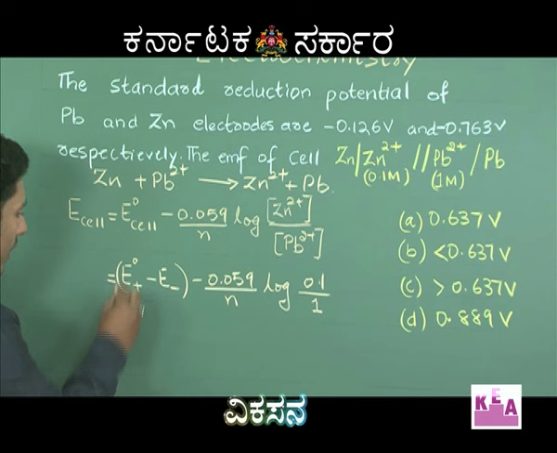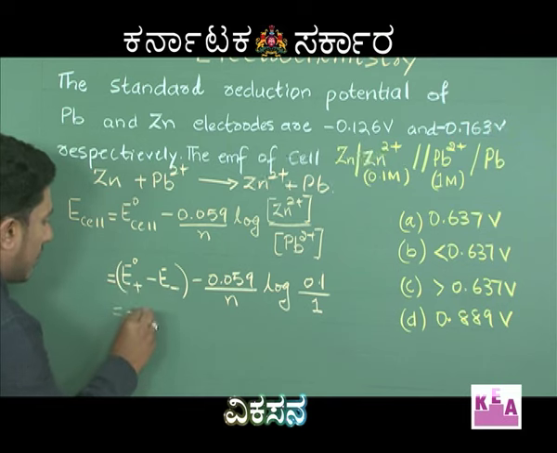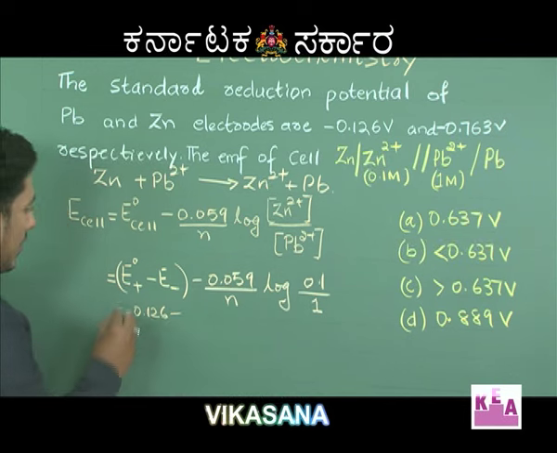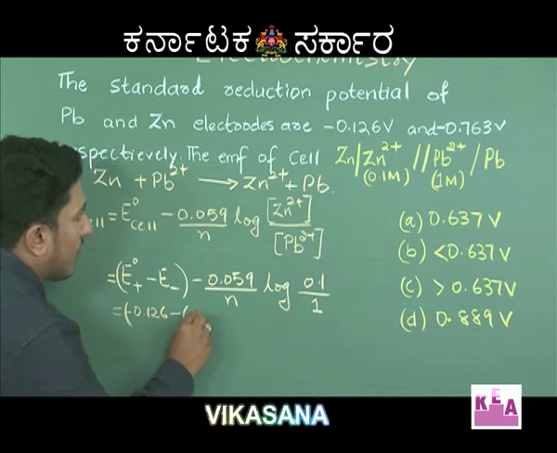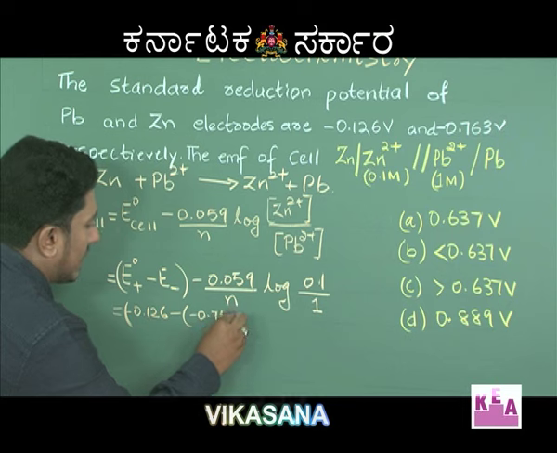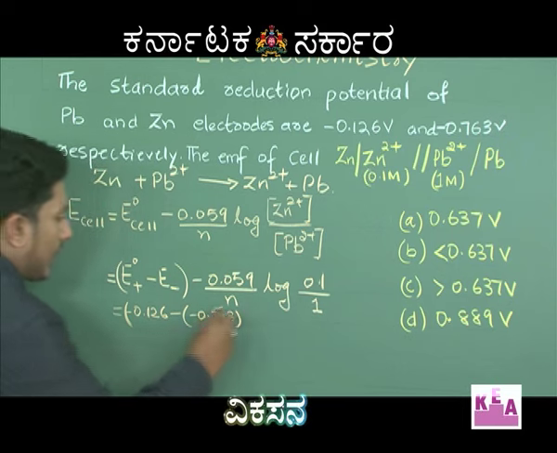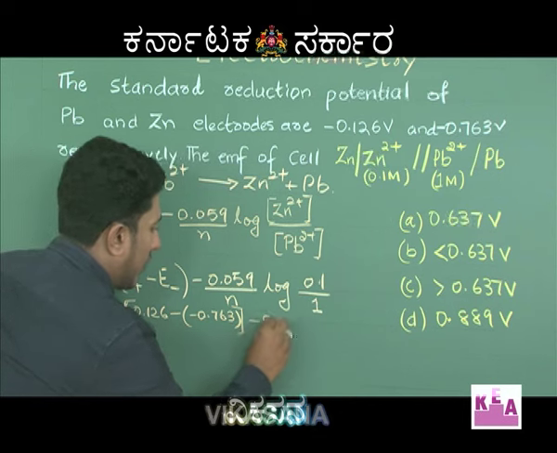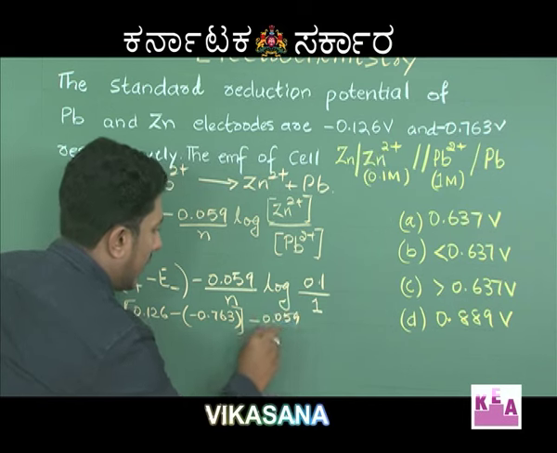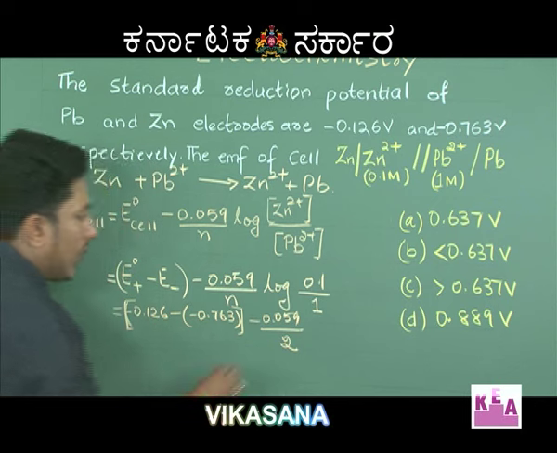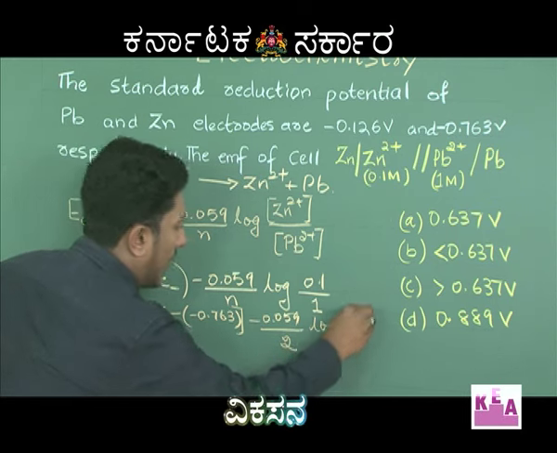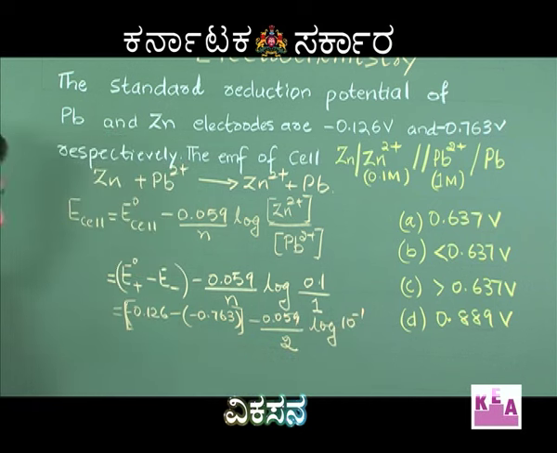Hence it will be minus 0.126 minus of minus 0.763, minus 0.059 divided by 2 into log of 0.1. 0.1 can be written as 10 to the power minus 1.